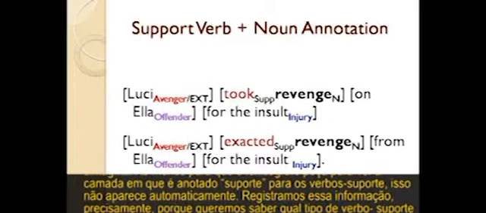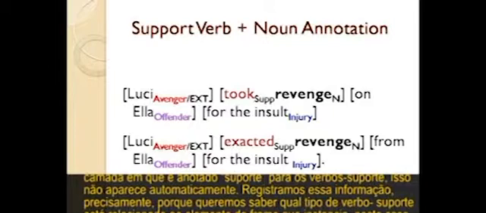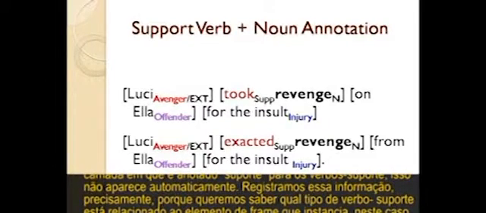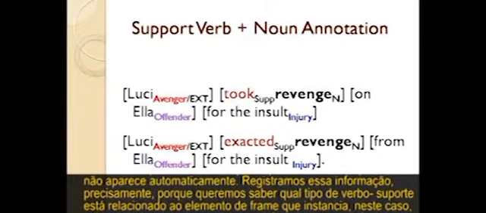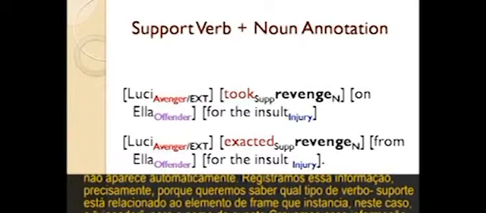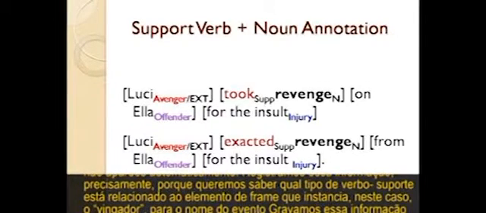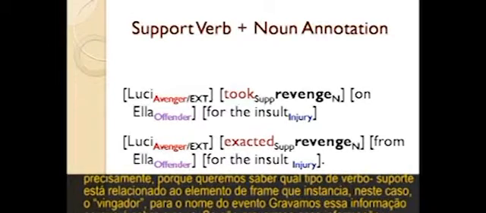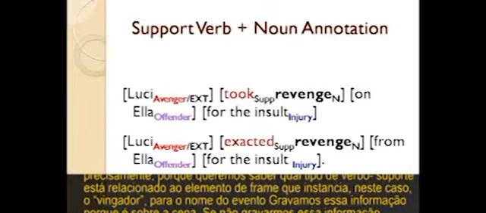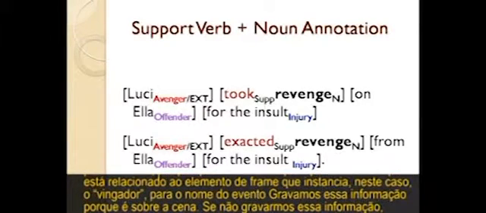We record that information precisely because we want to know what support verbs have a relation to, the frame element that instantiates, in this case, the avenger for the event noun, right?